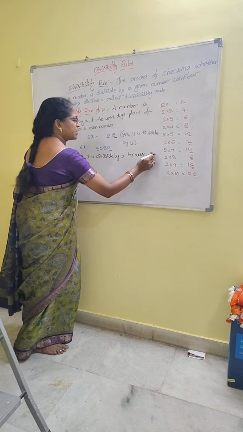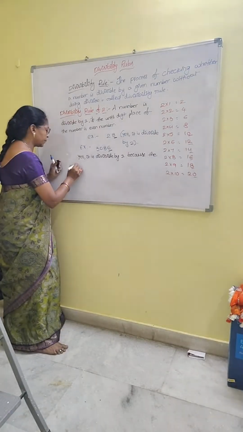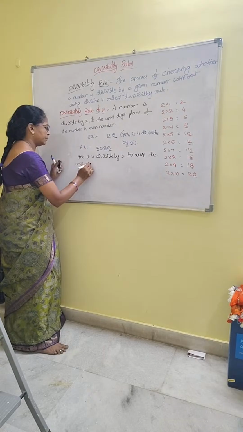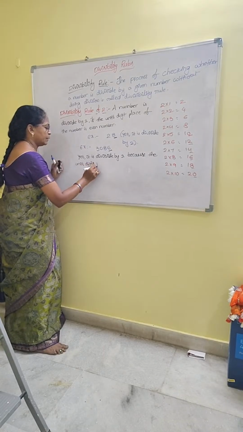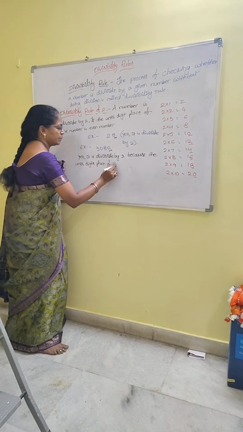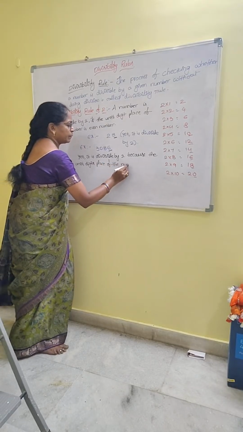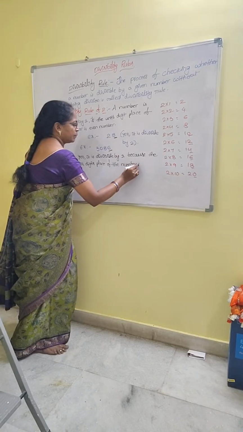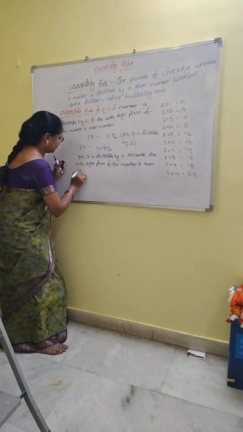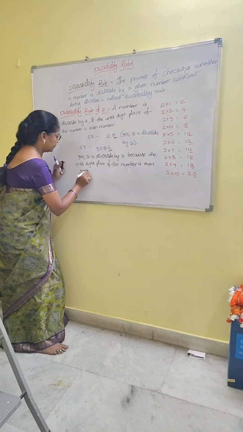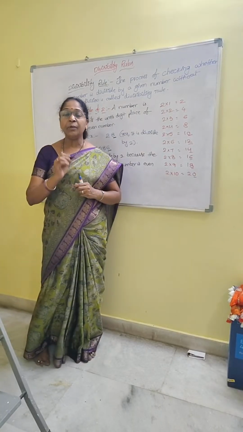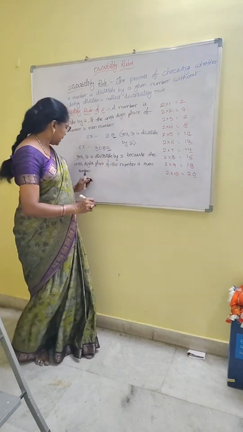The unit digits place in the number is even. Like that you have to answer, because the unit digits place of the number is an even number.